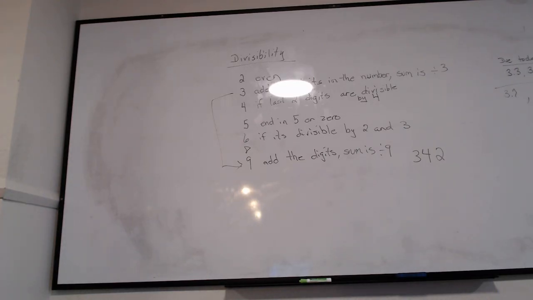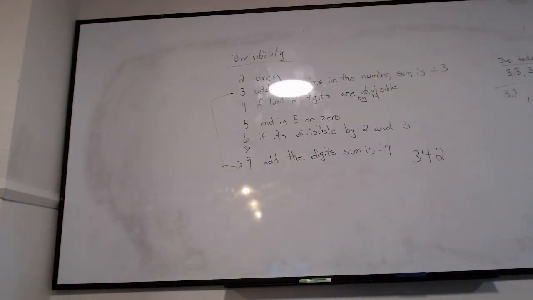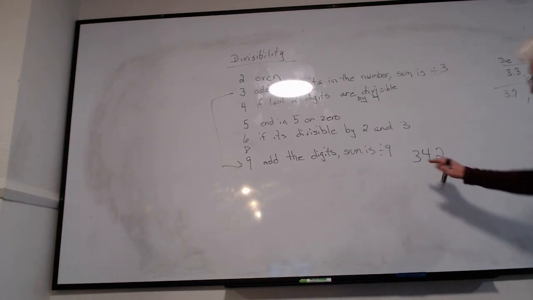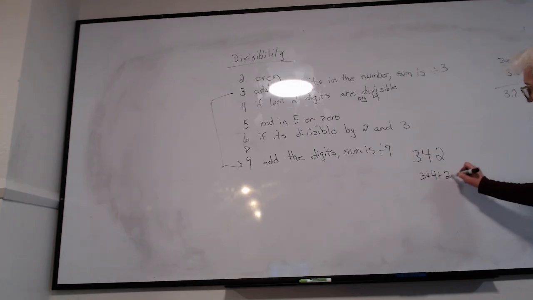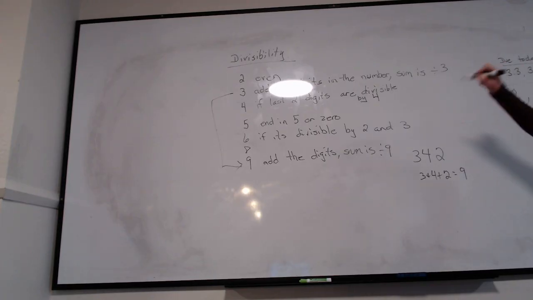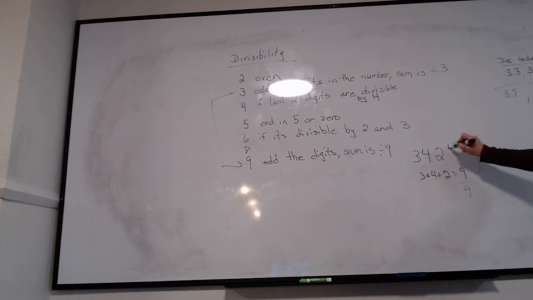How many people think 342 is divisible by 9? Look, if I add my digits, 3 plus 4 plus 2 equals 9. Since 9 is divisible by 9, then that number is divisible by 9.